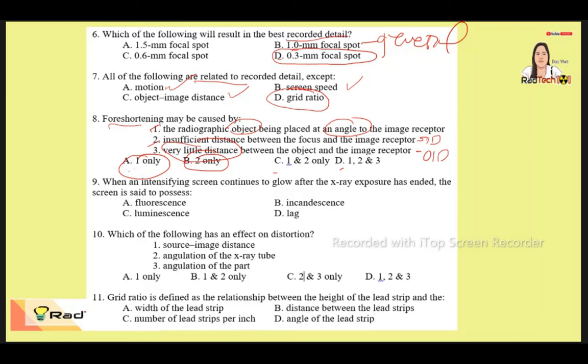As much as possible, nakadikit yung ating patient or yung part being examined sa ating IR para walang magnification or foreshortening. So, therefore, number 3 cannot cause foreshortening. So, this is wrong. So, letter C is the correct answer.